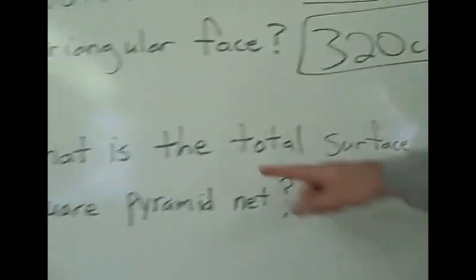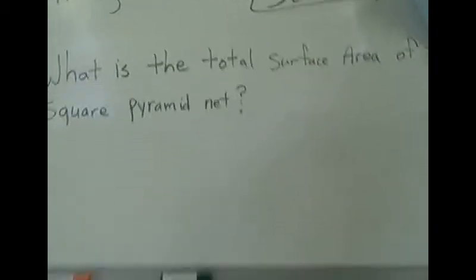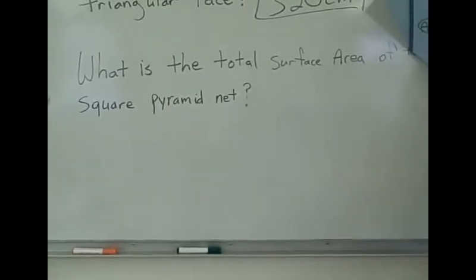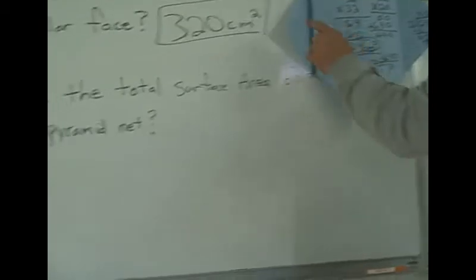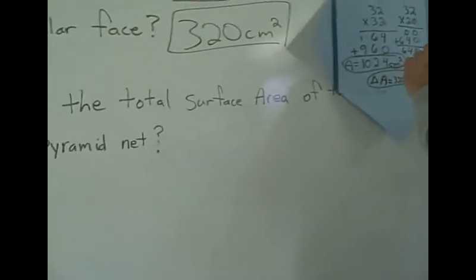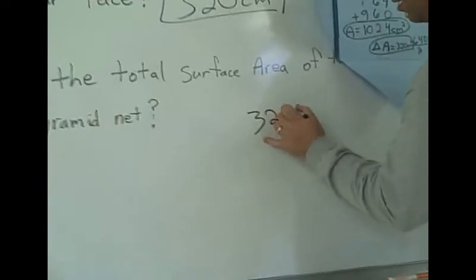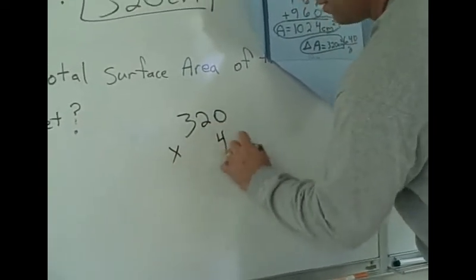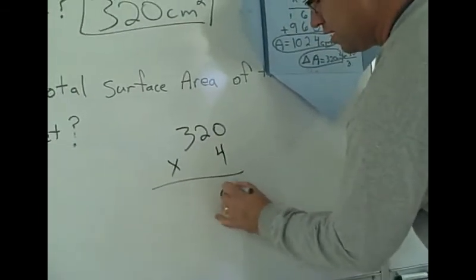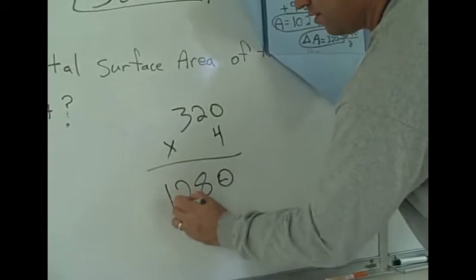And the second question, what is the total surface area of the square pyramid, counting all 4 sides plus the square? So we're going to have to add 320 plus 320 plus 320, or just do that 4 times. 320 times 4, that's 0. 4 times 2 is 8. 4 times 3 is 12. Okay?